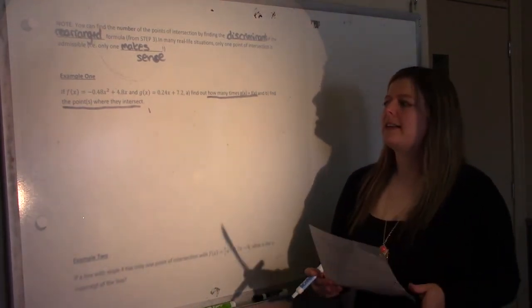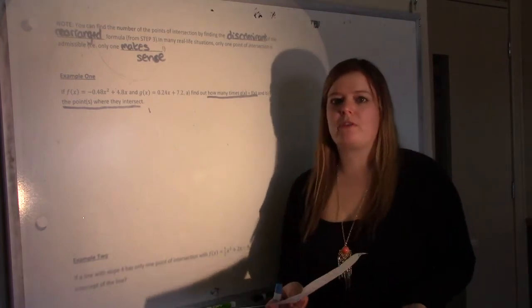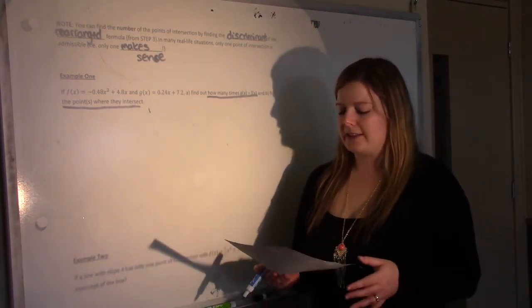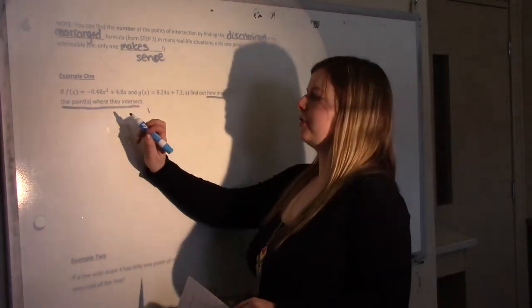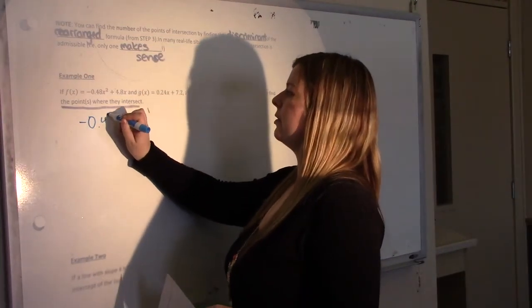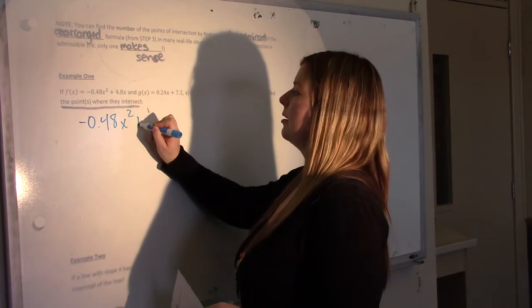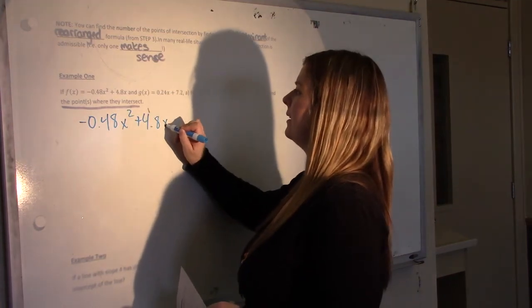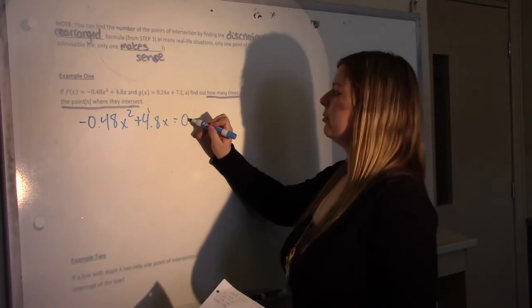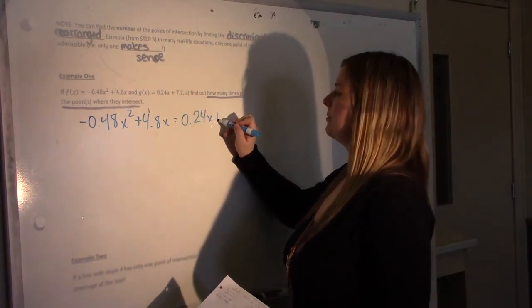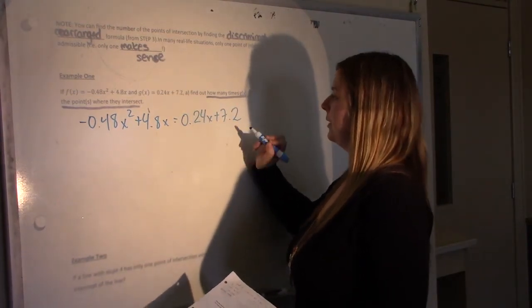So remember, step 1 is to put them into the appropriate form, but they already are, so that's done. So the next step is to set them equal to each other. So minus 0.48x squared plus 4.8x, there's no c value, so you just leave it, equals 0.24x plus 7.2.